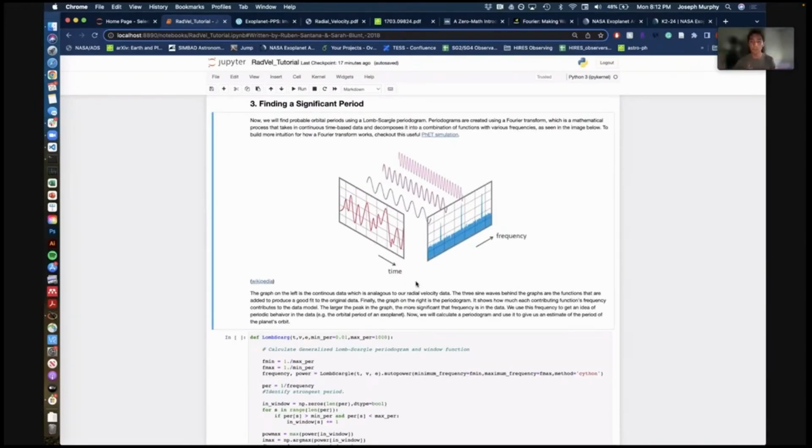Well, the way a periodogram works is it's going to decompose this signal into a sum of a bunch of different sine waves at different frequencies or at different periods. And in that spectrum of sine waves, that series of sine waves at different periods and frequencies, you will see a spike in the coefficient of a periodic term when it contributes a lot of information to the underlying signal.